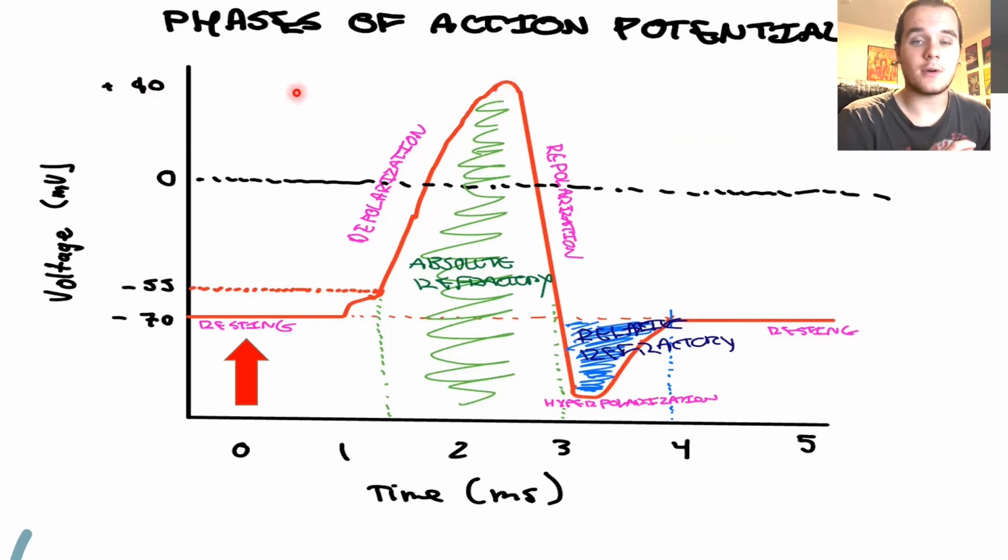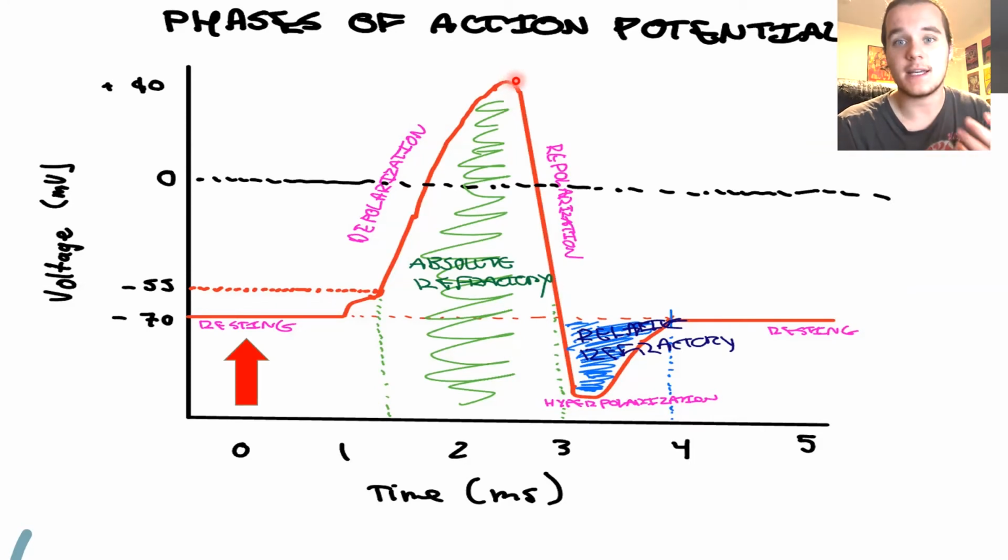One thing that also happens when the threshold is met is delayed rectifiers get put into motion. These are a type of channel that opens a little bit after a stimulus is met.